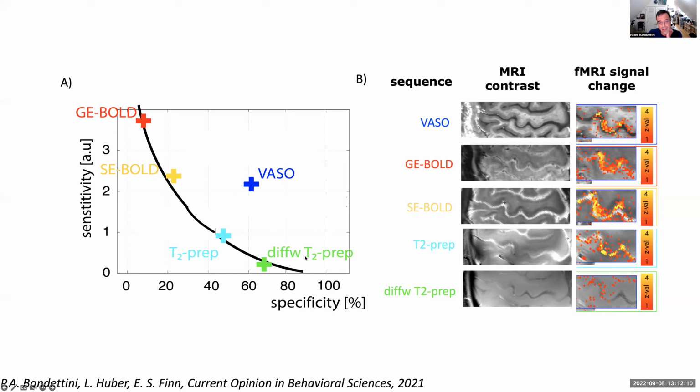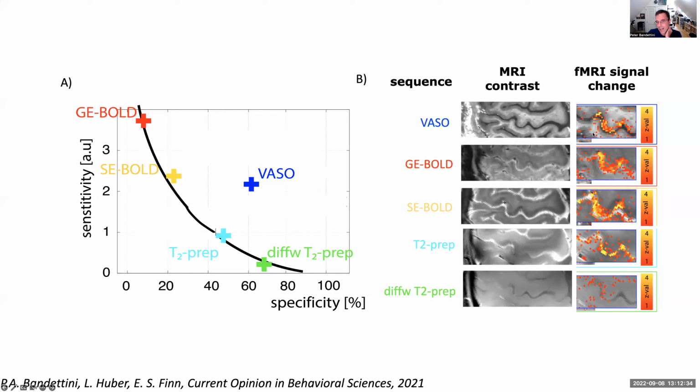This is T2, a pure T2 sequence with diffusion weighting to get rid of the intravascular signal. You have nothing left. But somehow, which we're still getting our heads around understanding, VASO jumps out of this curve and gives you the best trade-off, enough sensitivity and enough specificity to actually be practically useful.